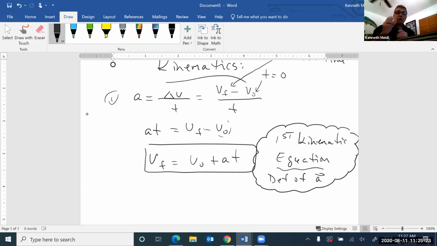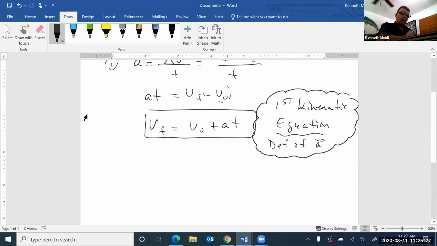Now, the units that go in here have to make sense. There's quite a bit of talk in chapter 1 about units and dimensional analysis. But this acceleration has to be in meters per second per second. Time is measured in seconds. There's a plus sign here. This velocity is in meters per second.